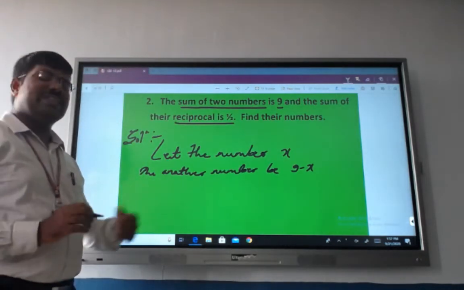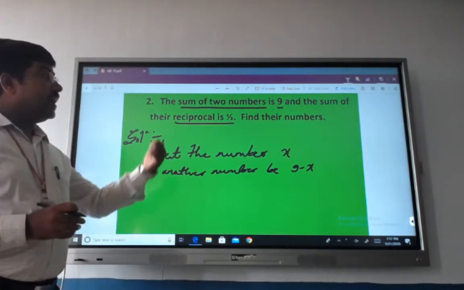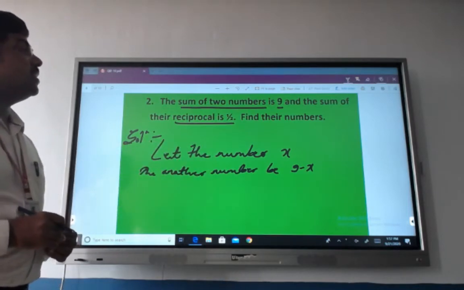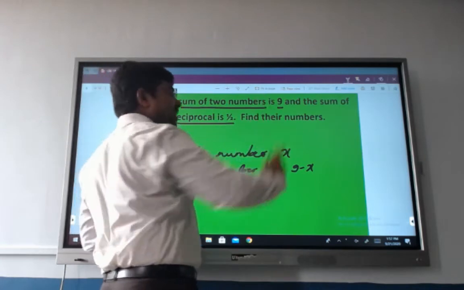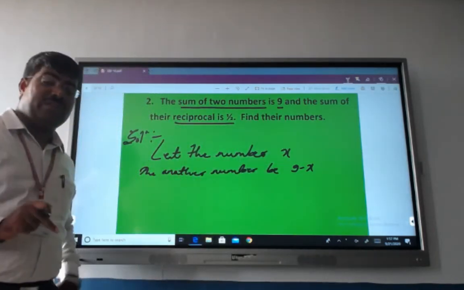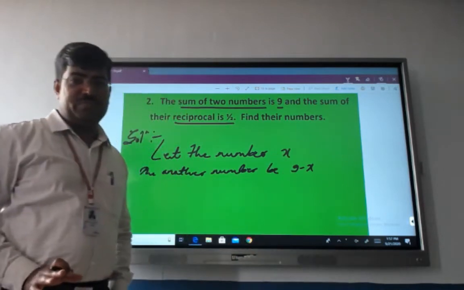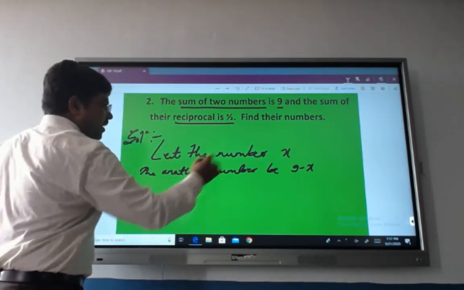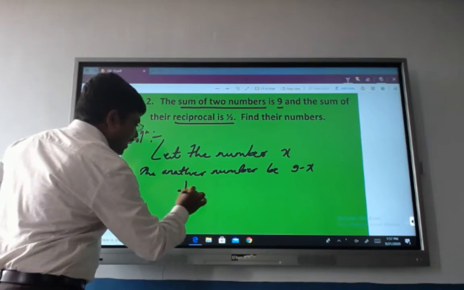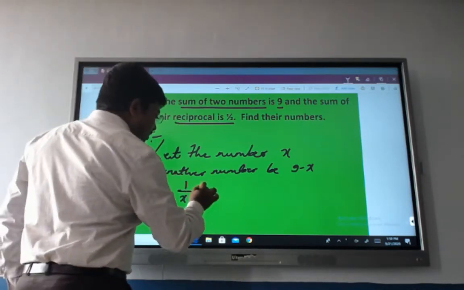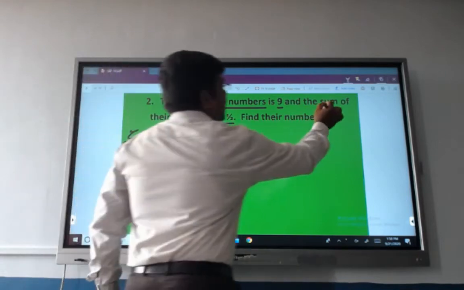So then you have to write this in reciprocal form. The reciprocal sum is 1 by 2. Directly the sum is 9, but if we take the reciprocals, we get 1 by 2. So we write 1 by x, the reciprocal of x, plus the reciprocal of the other number, because of the sum.